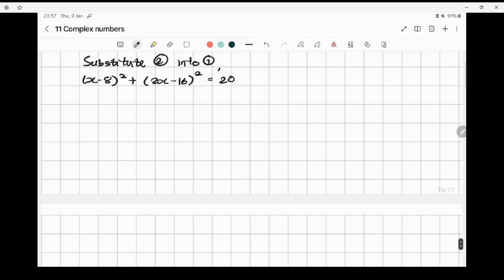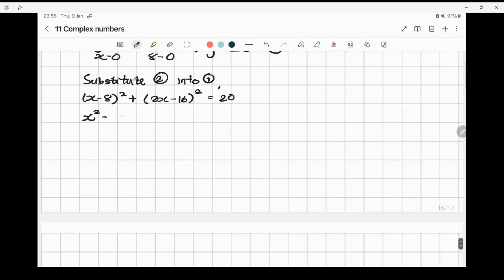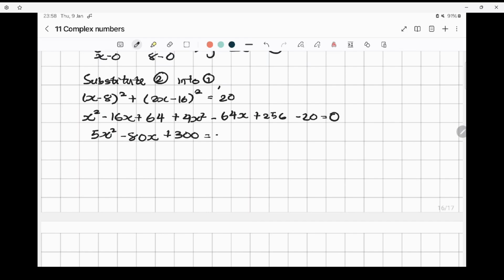So now expand everything. You have x squared minus 16x plus 64 plus 4x squared minus 64x, since 4 times 16 is 64, and then you have 16 squared, which is 256, minus 20 equals 0. So you have 5x squared minus 80x plus 300 equals 0.